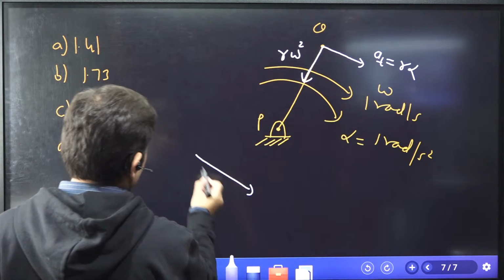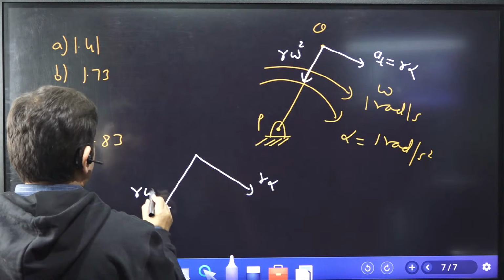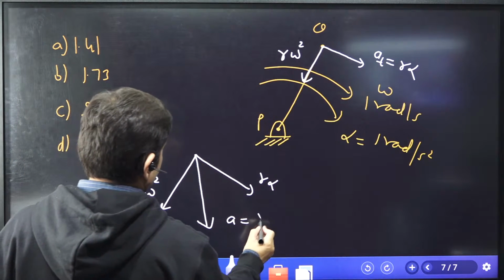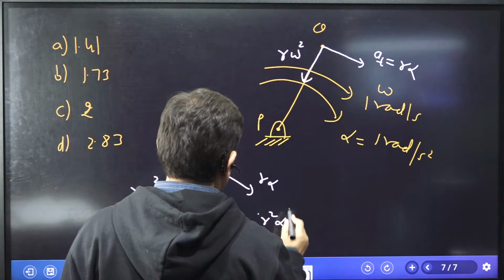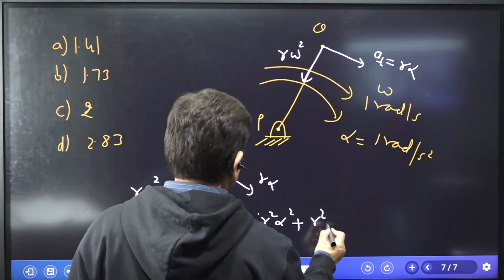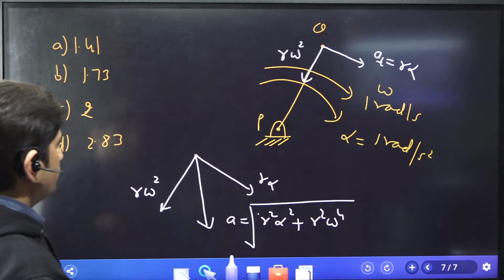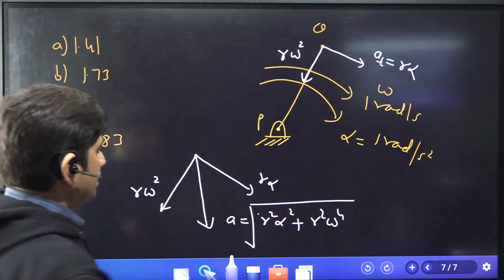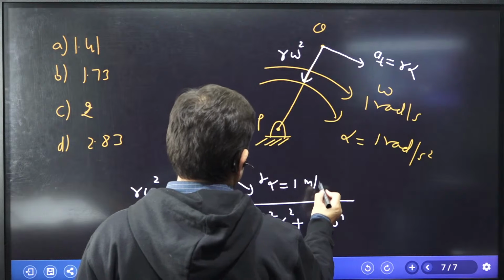So the resultant of this is the square root of r square alpha square plus r square omega raised to power 4. r alpha: r is 1 meter, alpha is 1, so this is equal to 1 meter per second square.